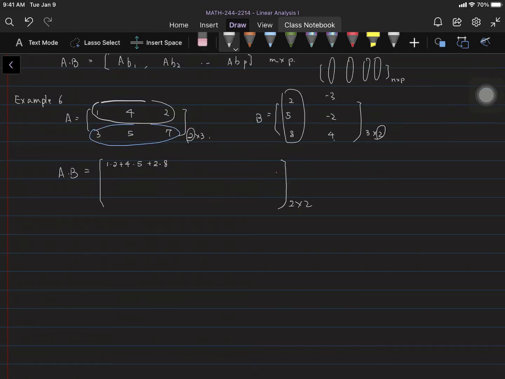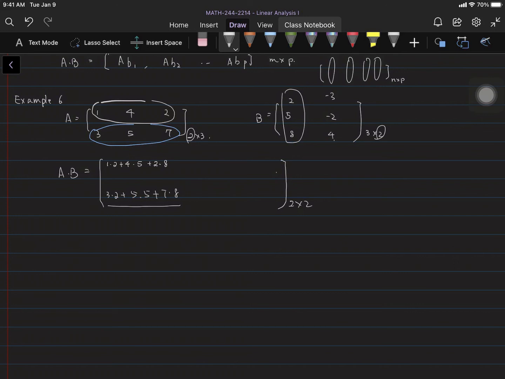Then, as in the second definition, we use matrix A times the first column of B. So this number is the second row of matrix A times the first column of B: 3 times 2, 5 times 5, 7 times 8.